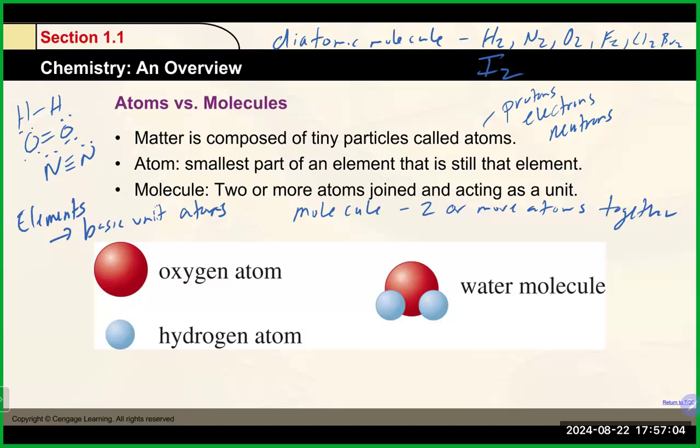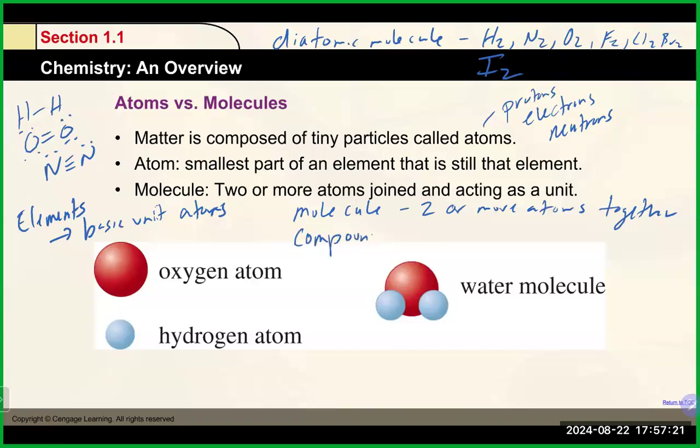So we do have elements that are diatomic molecules, and there are two words that sometimes people get confused about or are not sure what the difference is between. One is molecules, the other is a compound.